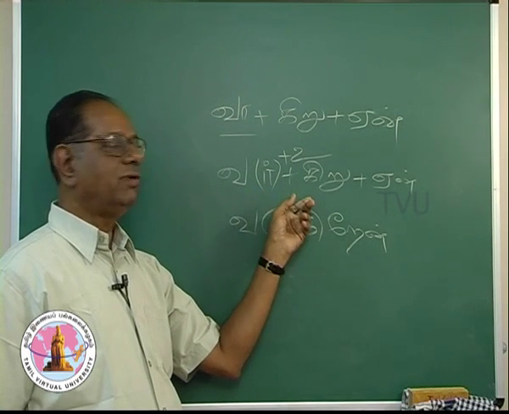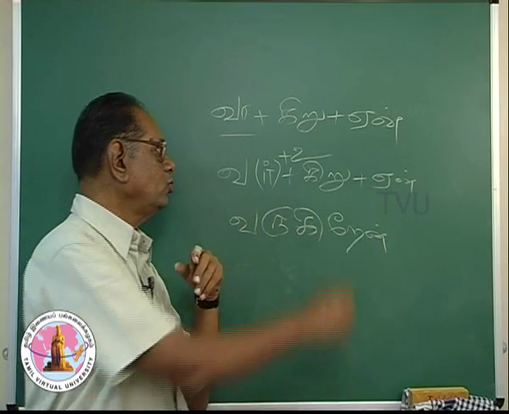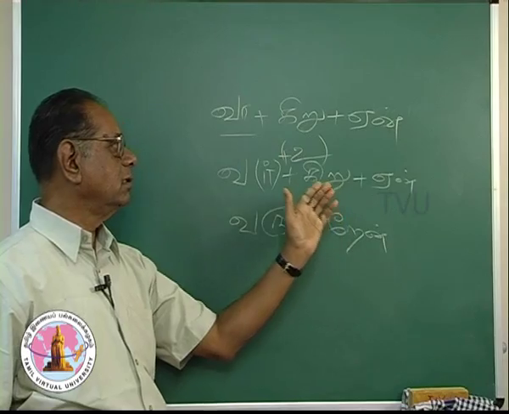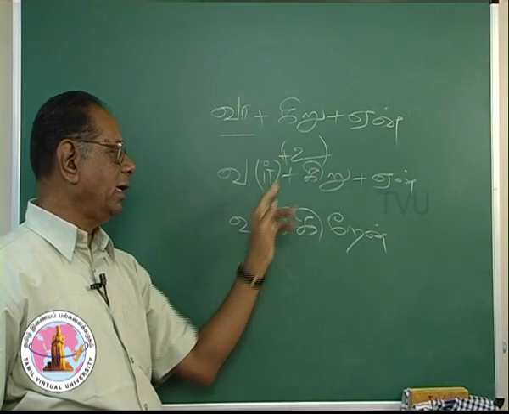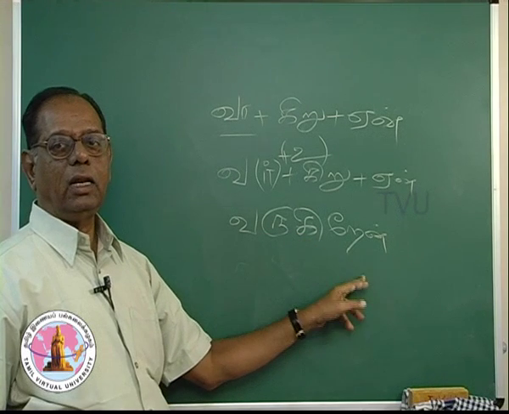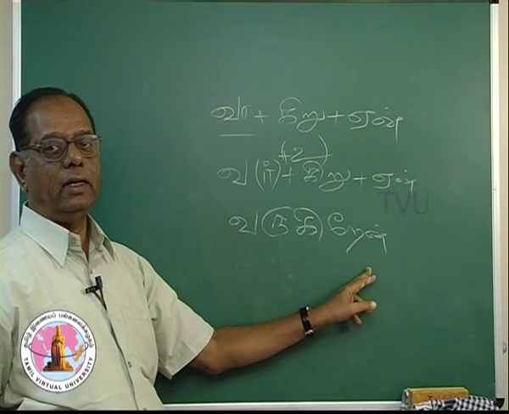Even then there was difficulty, so they introduced a vowel to ease. So r plus u became ru.